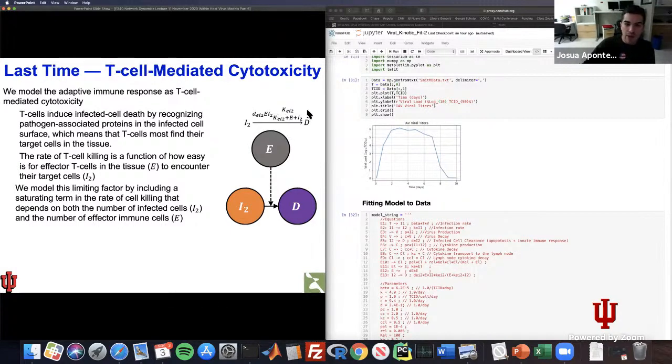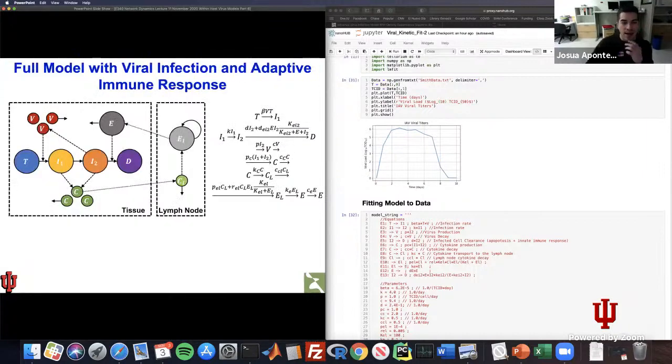James talked a little bit about how to think about this type of equation in these limiting cases. But the important thing is that we can now put the whole model together. We started with what is called the standard kinetic model. We added the cytokine, or the signal, and then we developed a multi-compartmental model, because we now have two compartments: our tissue compartment and our lymph node compartment.